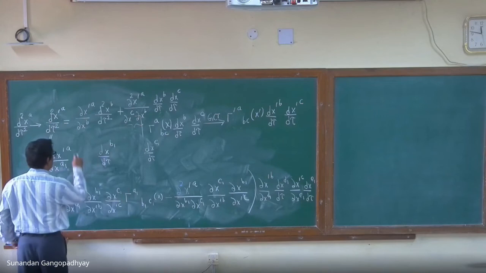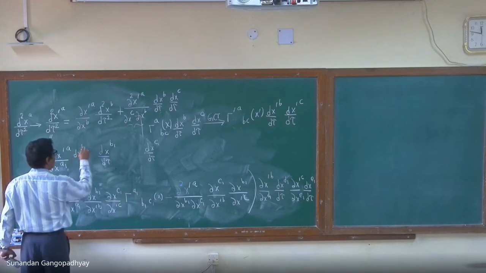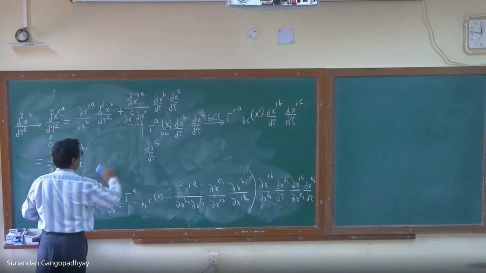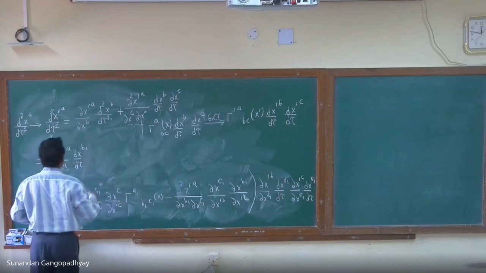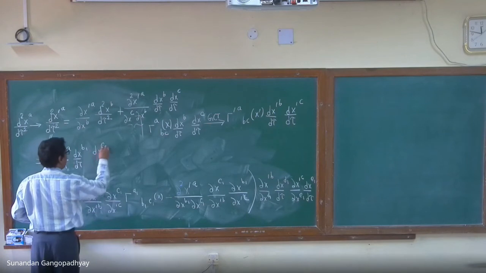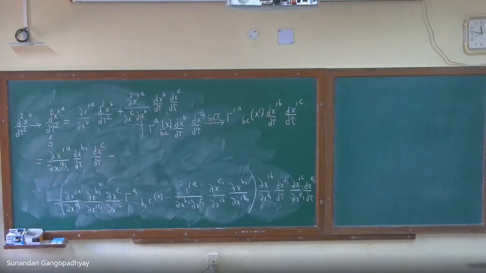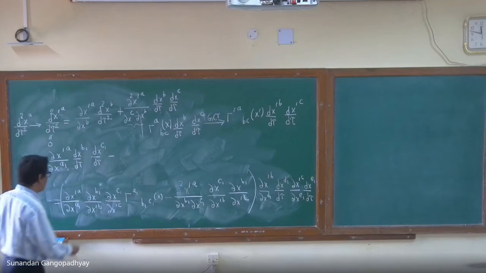So let me just write here dx b1 d tau dx. So did you do the other multiplication? Is it done or should I do it? Gamma will be there, sorry.